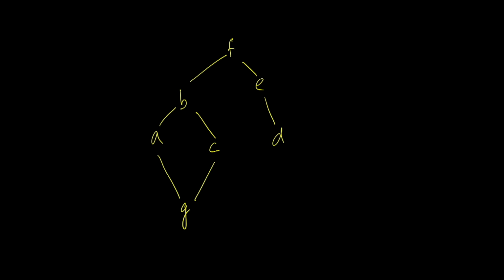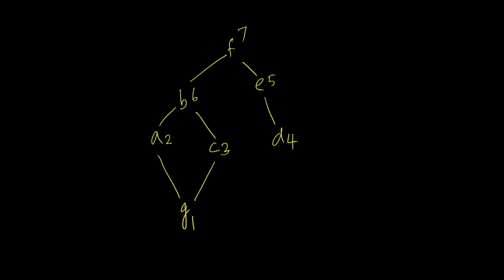So, a numbering so that G gets number 1, ACD gets numbers 2, 3, 4, B gets 6 and 5, and F gets 7 is a consistent enumeration. G is a predecessor of A, G gets 1 and A gets 2, which is consistent, and G gets 1 and C gets 3, and G is a predecessor of C, which is consistent, and G is less than or equal to F, and 1 is less than or equal to 7.